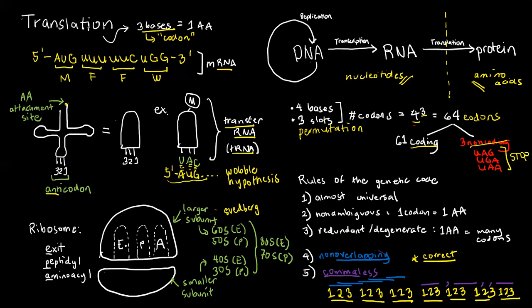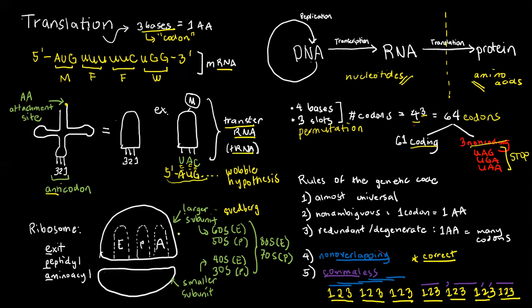Another detail is that in the larger subunit, you have three major regions: E, P, and A. These actually have meanings. E stands for the exit site, P stands for the peptidyl site, and A stands for the aminoacyl site. Just so you have an idea for future discussion, I want you to think of translation as going from right to left.